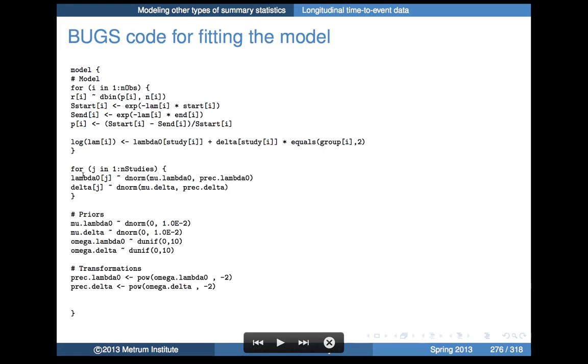Then just as before, we have our model for the between study effects of lambda and delta, and then our prior distributions for mu lambda, mu delta, omega lambda, and omega delta. So really the core of the model that's different from what we fit before is just how we're defining our likelihood.